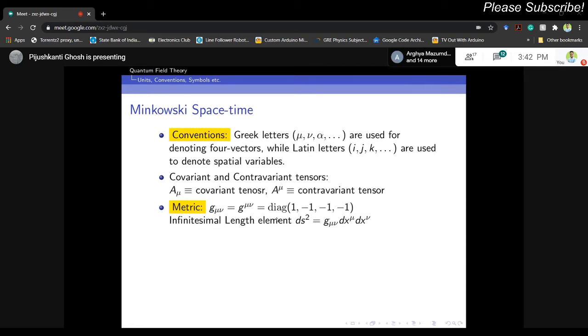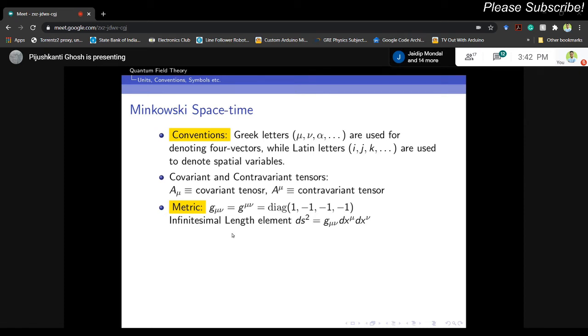This is the convention. So that's what I am following, that either covariant metric tensor or contravariant metric tensor, this is a diagonal matrix with diagonal element given by this 1, minus 1, minus 1, minus 1. You may encounter a different convention where this is minus 1, plus 1, plus 1, plus 1. But the final result is independent of this convention.